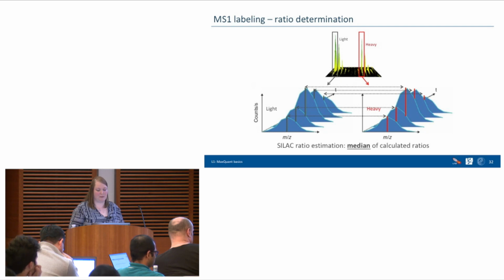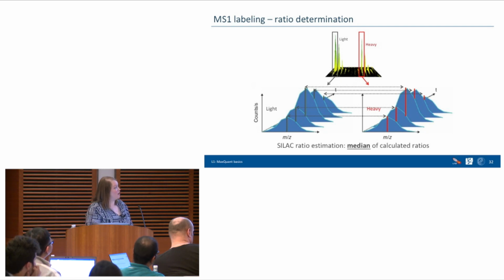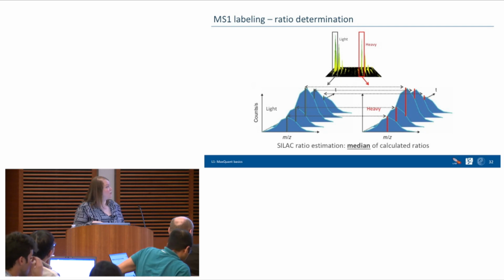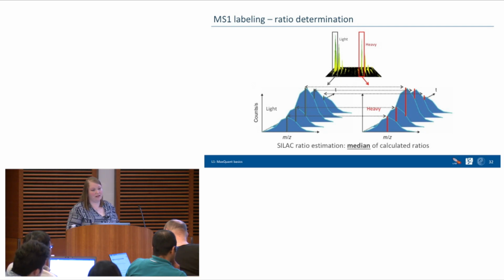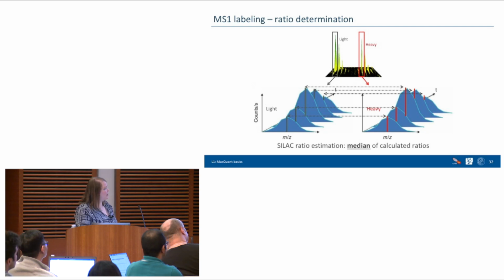The reason is that it's calculated differently from what you do, because it is not done by just summing up all the intensities over the isotopic pattern and then dividing the heavy by the light. In MaxQuant it's implemented differently, and I'll show you now how it's done. First of all, you take the monoisotopic peak of the light and the heavy, and then you disassemble it so that you have the centroids for each of those 3D peaks, and then you calculate the median of all these centroids.